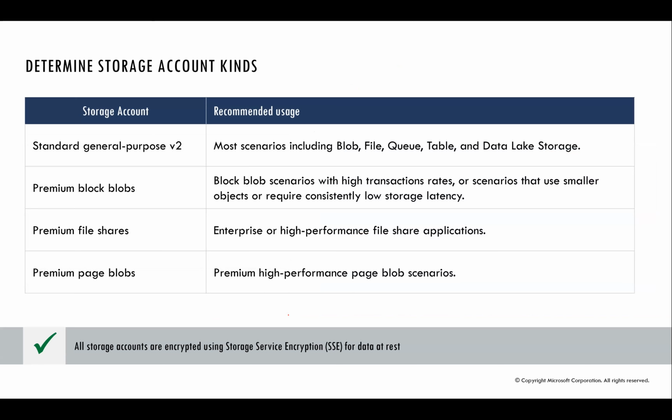Then you have these 4 types of storage account. Standard general purpose v2 that you can use for all types of storage services: block, file, queue, table, including data storage. Then you have special purpose storage accounts, which are used for premium storage services, like premium block blobs, premium file shares, premium page blobs.